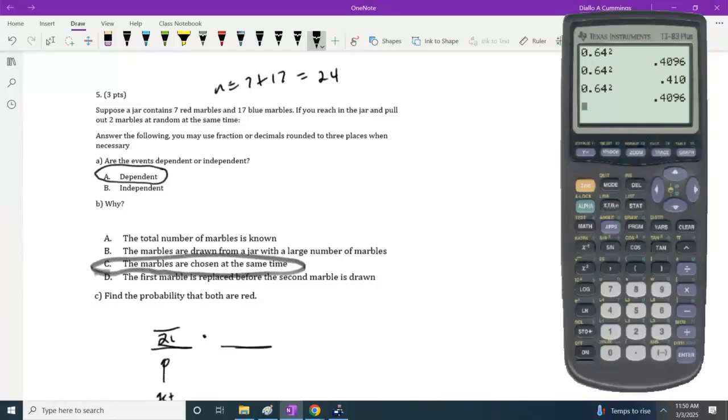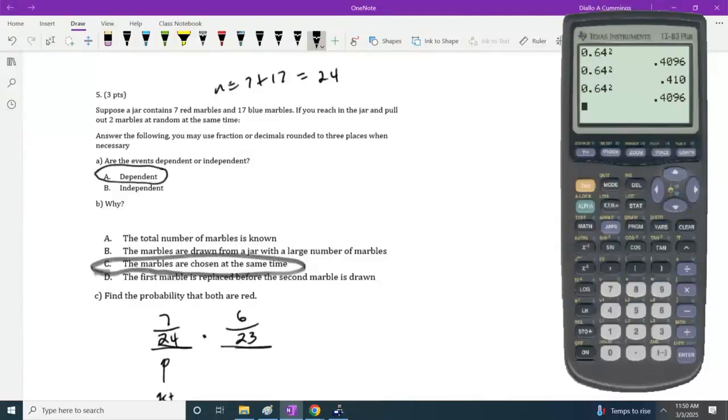Out of those 24 marbles, how many are red? 7. So we already have 1 red marble out of the jar. So as we're touching the second marble, how many marbles are there to choose from? 6 over 23. Right, there's 23 total.